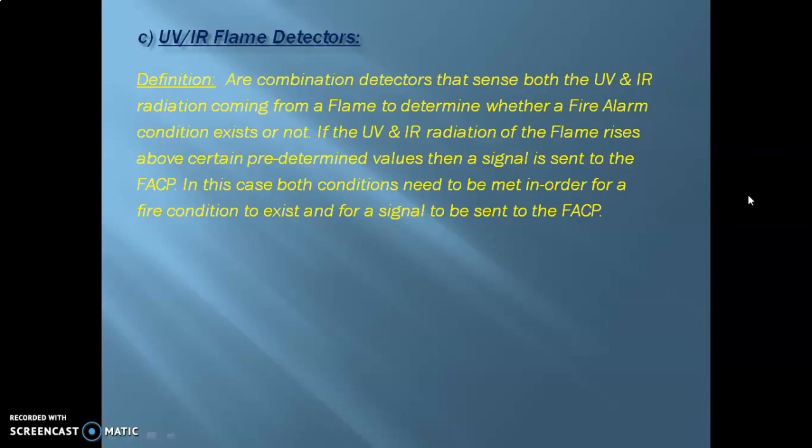So for this kind of combination flame detector, both the UV and IR criteria need to be met, and the detector contains preset values for both the UV conditions and the IR conditions that need to be crossed before it is confirmed that a fire alarm condition exists. So that concludes the flame detectors.